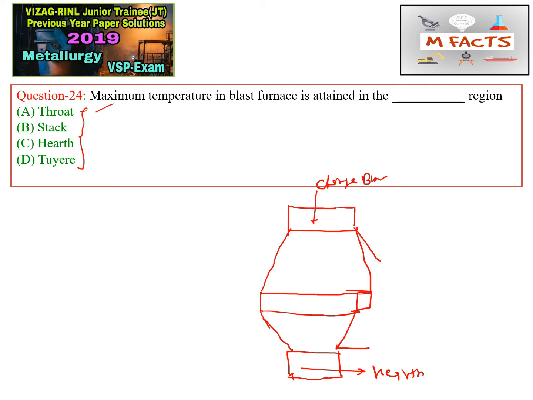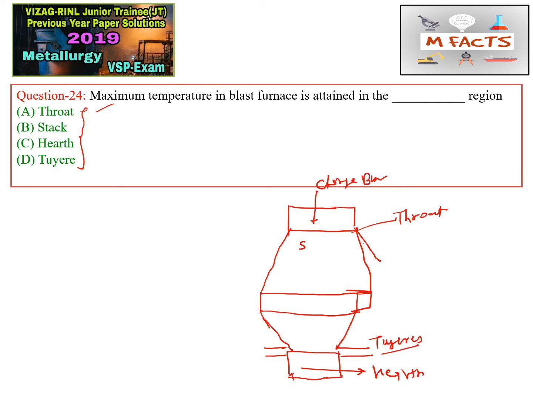This is the hearth, and somewhere in between the hearth and the bosh, or from the stack, there is a tuyere level. So this is the tuyere level, and they are asking about the throat, stack, hearth, and tuyere. This is the throat, the uppermost part. After that, this is the stack or shaft.